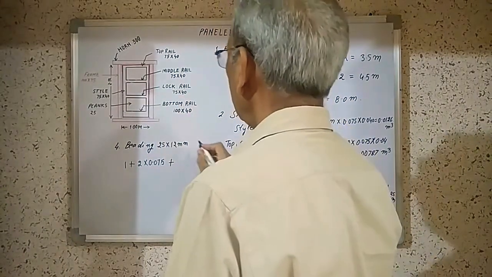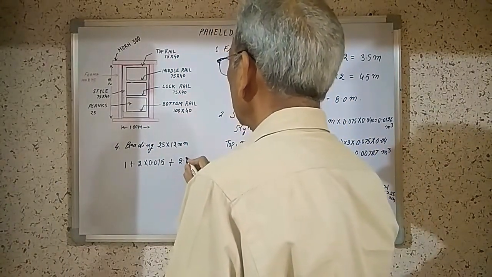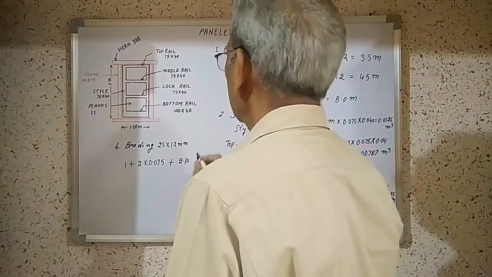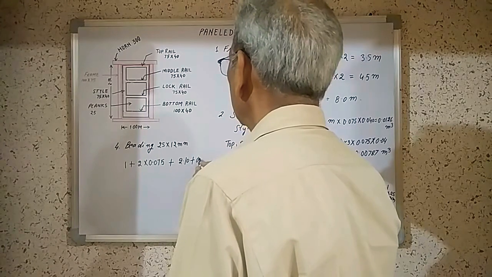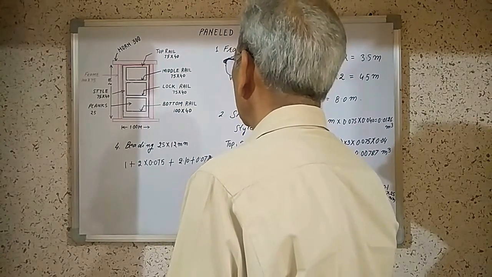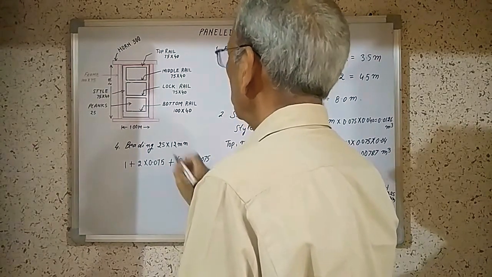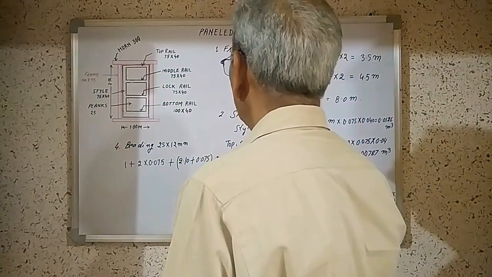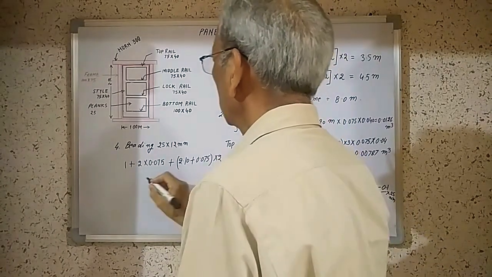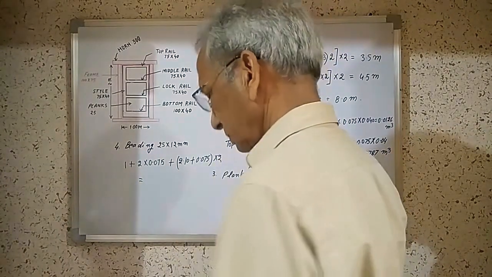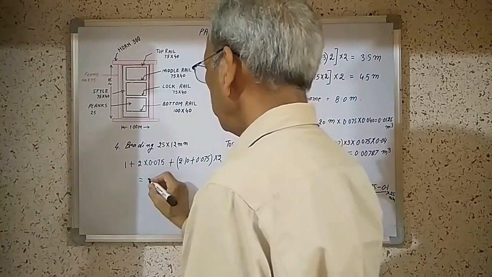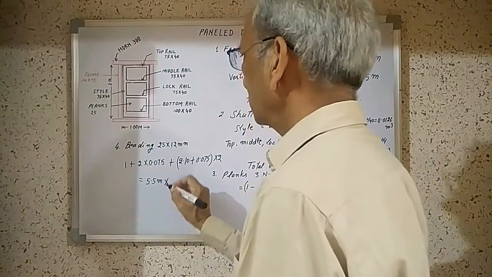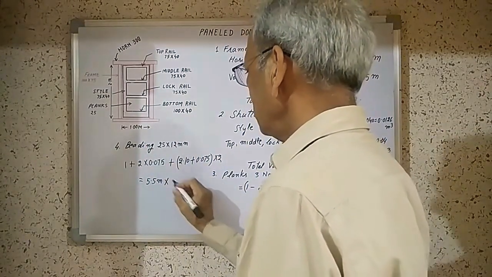Vertical distance will be 2.10 plus this thickness 0.075. Now we have two vertical members, multiply by 2. This will come out to 5.5 meter.